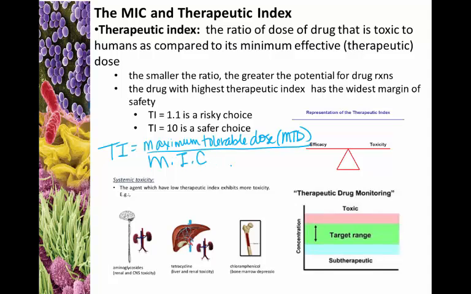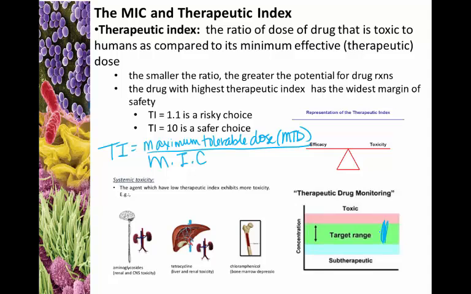Obviously, the bigger the number, the safer the choice, because you can choose a target range somewhere between the toxic dose and the lowest dose you could possibly use. That's the goal.